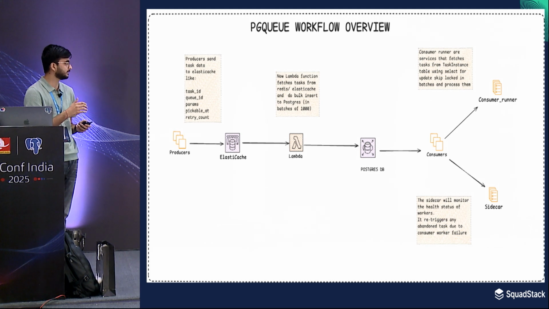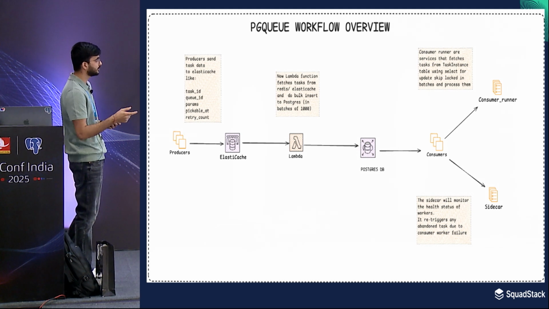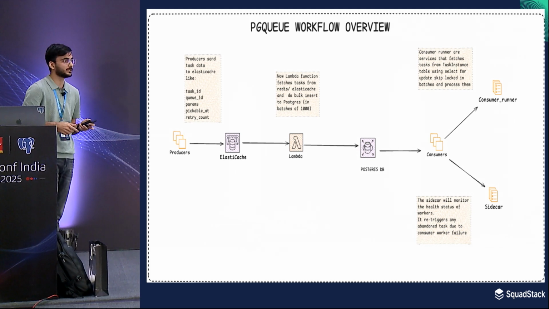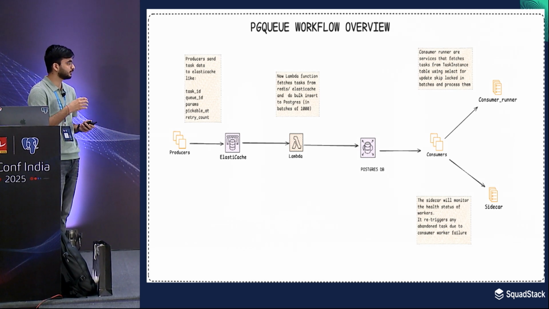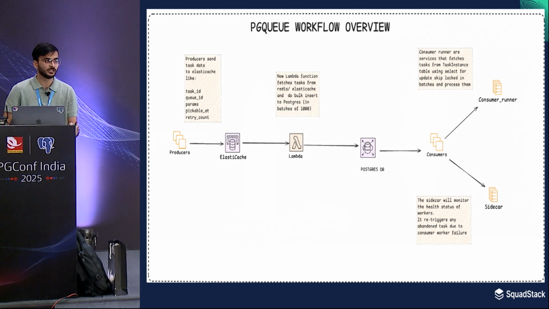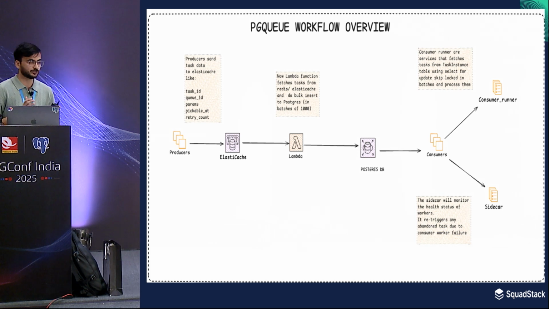From Redis, we have trigger schedules. The schedules will trigger Lambda functions, and they fetch data from ElastiCache in batches of 1,000 or 2,000, and then bulk insert into the Postgres database. Till this point, all the data has reached Postgres. Now the producer part is completed.